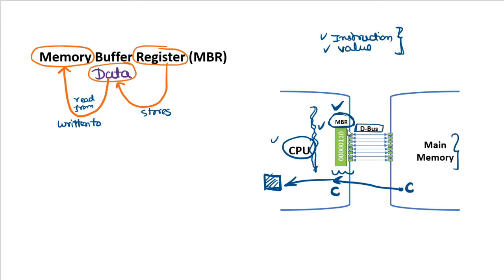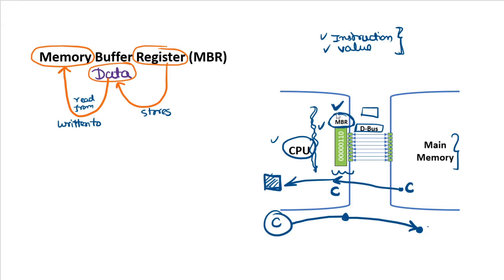And whenever the CPU wants to write something to main memory, the content will flow from the CPU to the MBR, and then from the MBR to main memory. Whenever the CPU wants to put something on the data bus, it uses the MBR to do so.